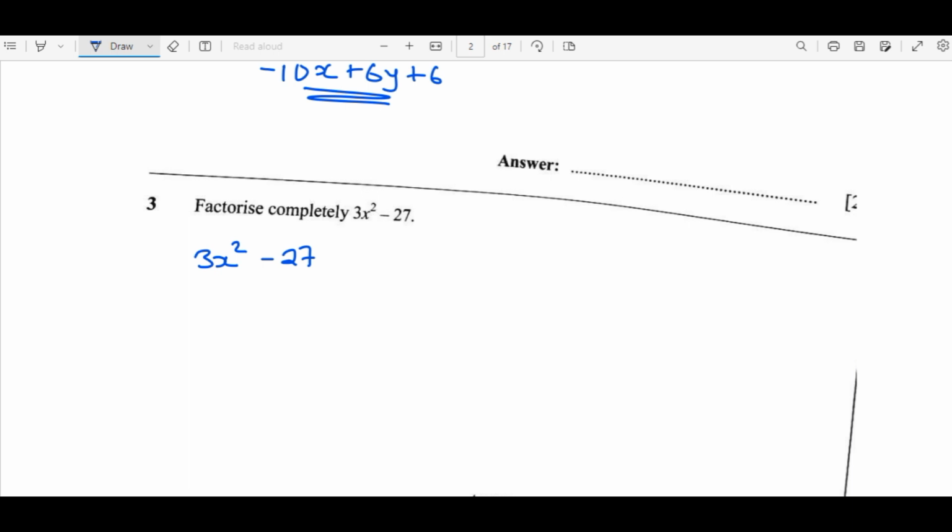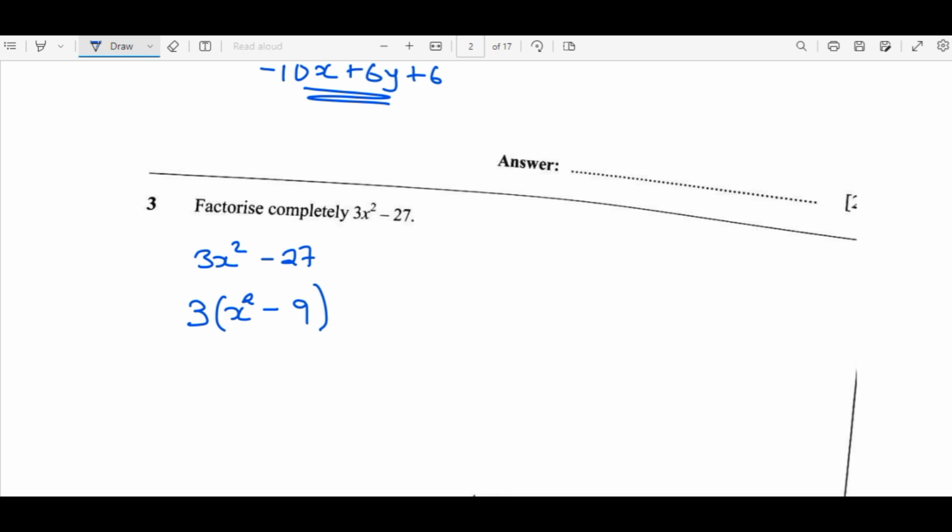Here we have 3, and 3 can go into 27. So 3 into 27 is 9, so we say 3 open bracket x squared minus 9, and then we close.